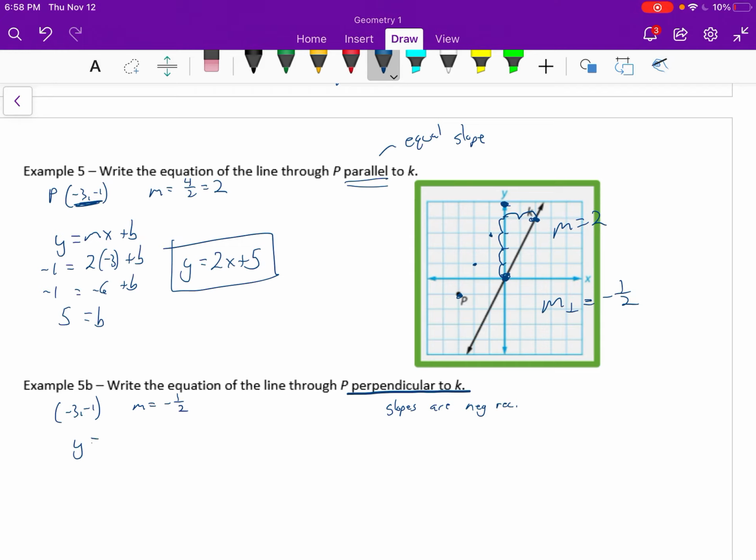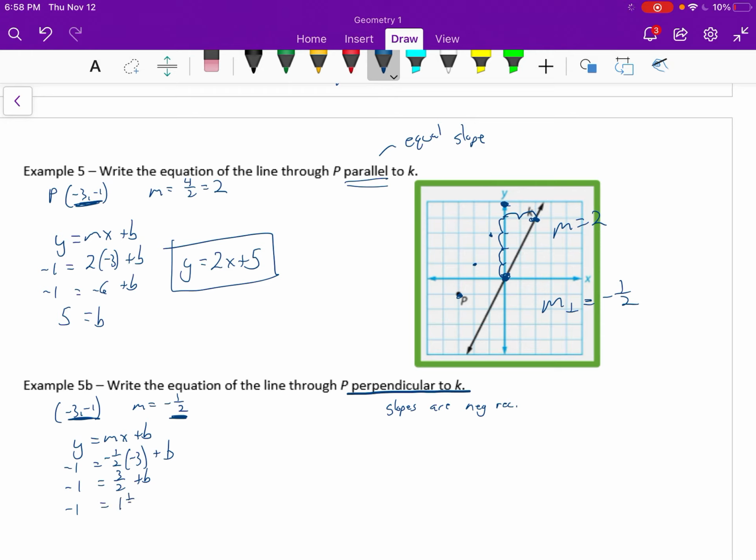We can do the same thing. y equals mx plus b. Plug in the point for x and y, so -1 for y, and -3 goes in for x. We have the slope of -1/2, plus b, and then we solve for b. -1/2 times -3 is 3/2, plus b.